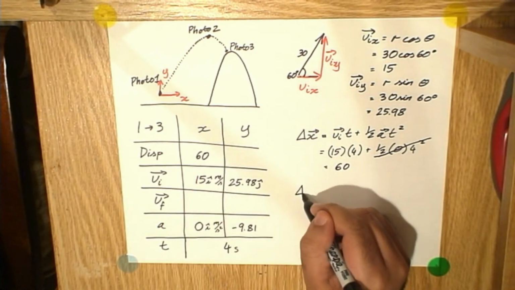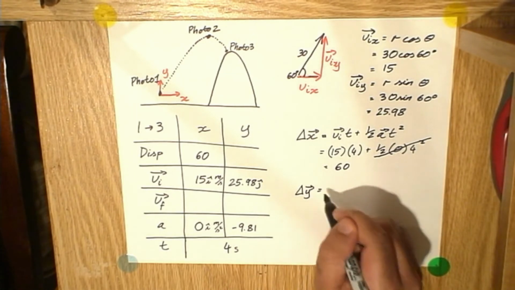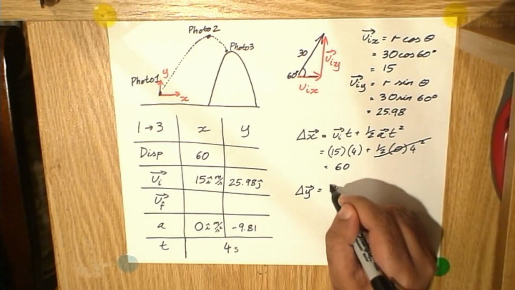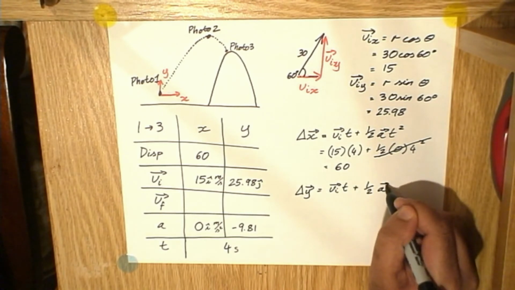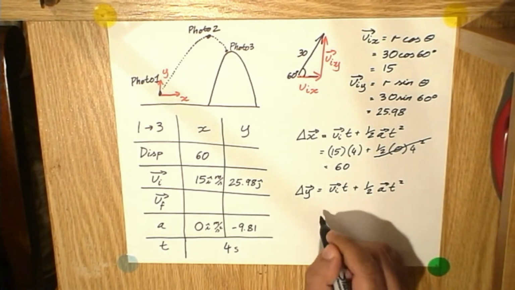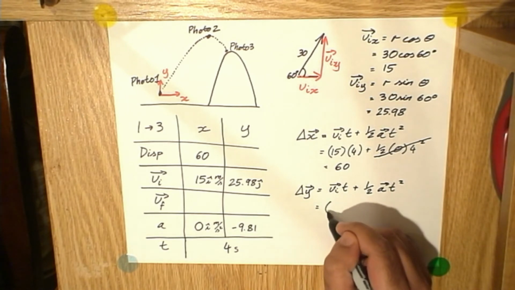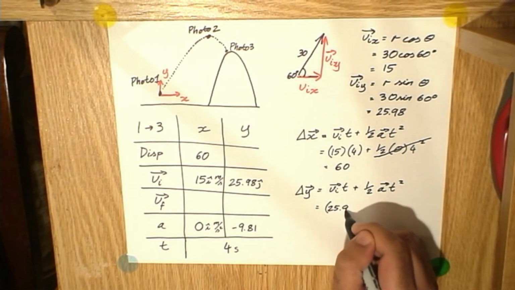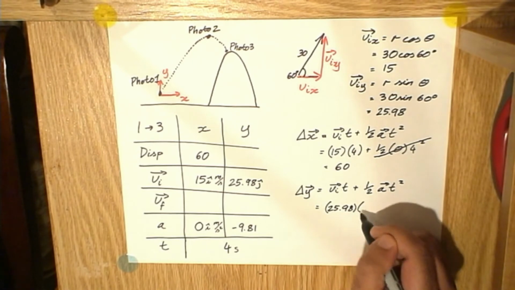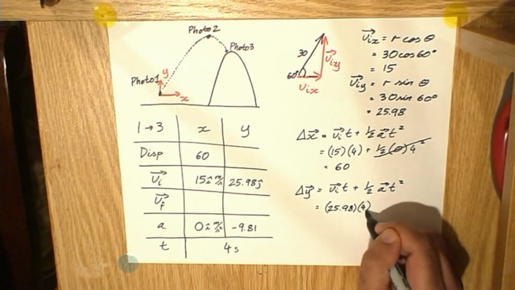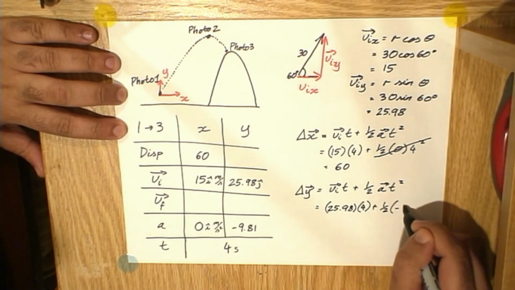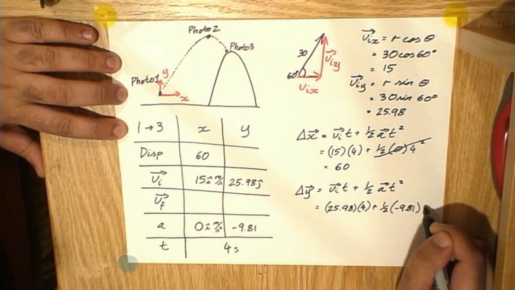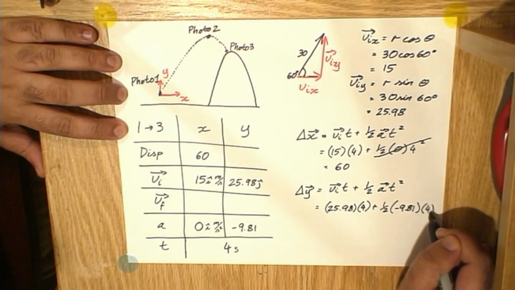What about delta y? Delta y is equal to v initial times t plus half a t squared as well. So v initial, 25.98, times time, 4, plus 1/2 times acceleration, 9.81, times 4 squared.